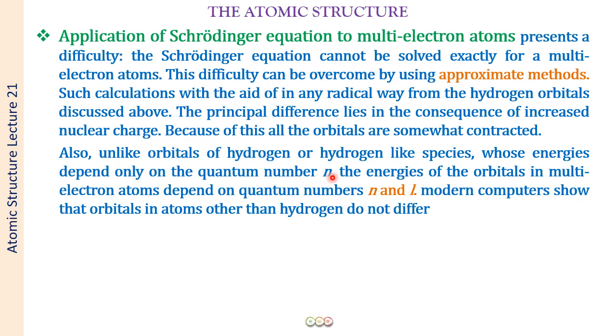Whereas the energies of the orbitals in the multi-electron atoms are dependent upon 2 quantum numbers, that is n and l, as we will see further in the course. But the approximate methods helped us to understand the various energy levels in the case of the multi-electron systems also. And from that we were able to understand how the electrons are placed in the various orbitals even in the multi-electron system.